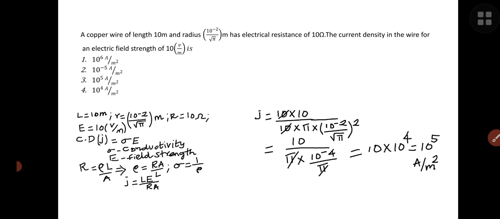Before solving, let's write the given data. L is equal to 10 meter, R is given as 10 power minus 2 divided by root pi meter, and the resistance is given as 10 ohm. Electric field strength E is given as 10 volt per meter. Now the formula for the current density J is equal to sigma E, where sigma is the conductivity and E is the field strength.